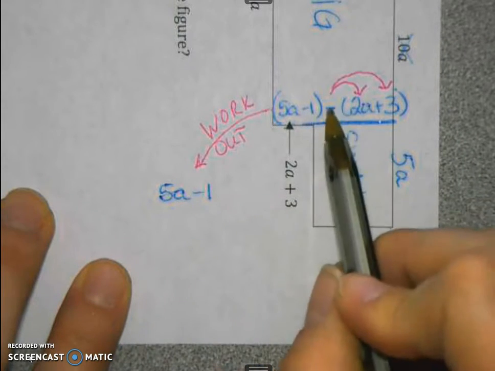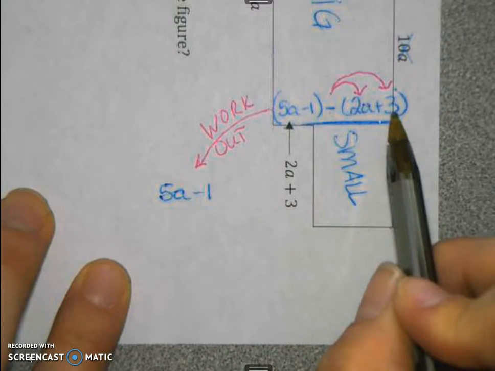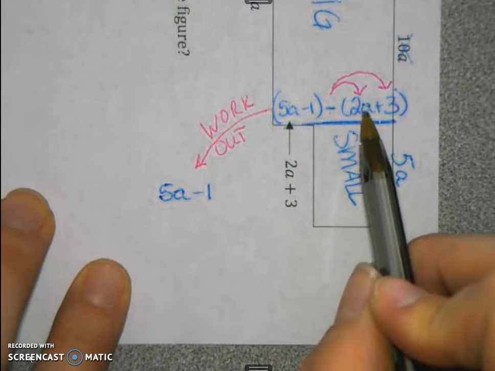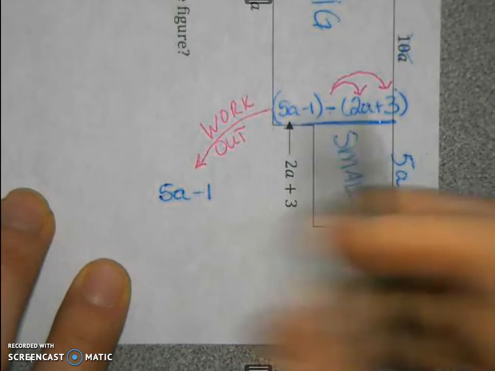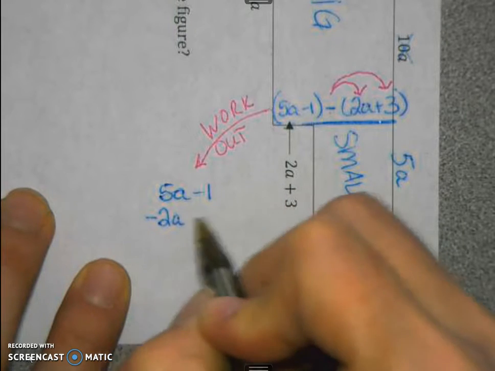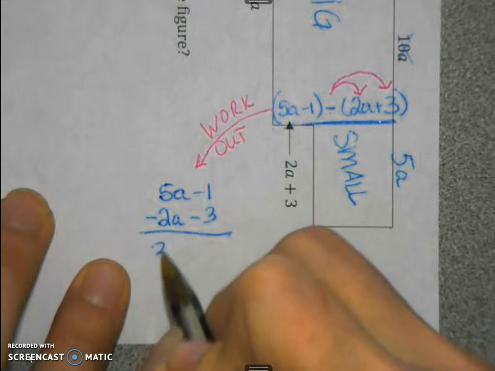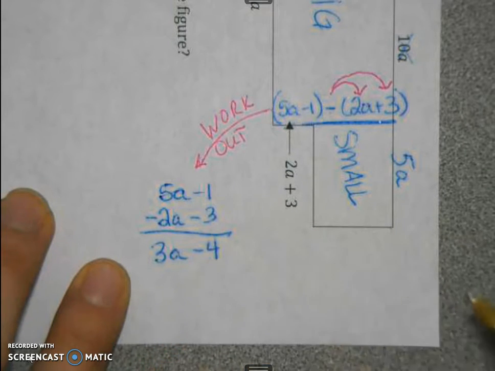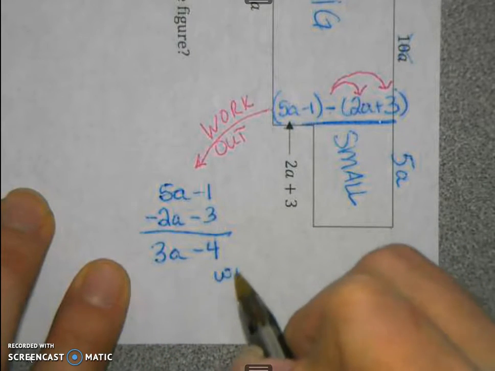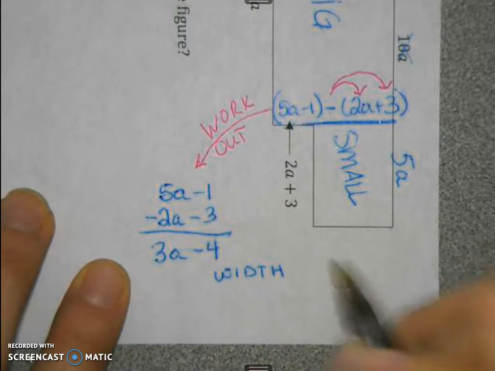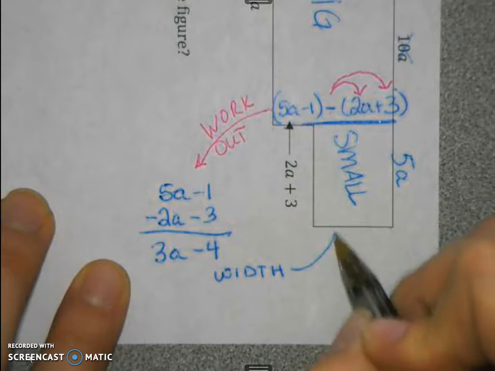And now subtracting this whole polynomial means the 2A becomes negative, the 3 becomes negative. And that totals to 3A minus 4. And that is now our width for that small rectangle.